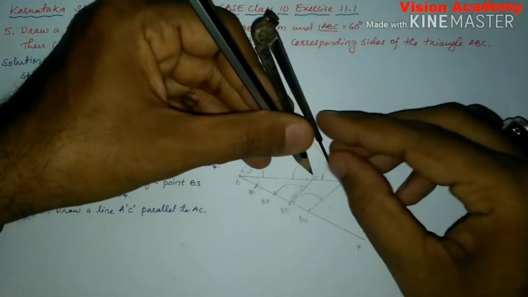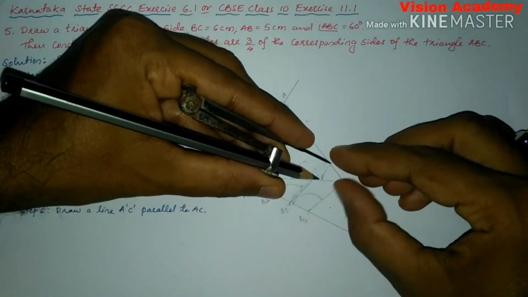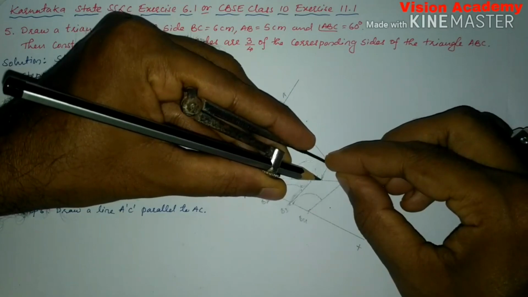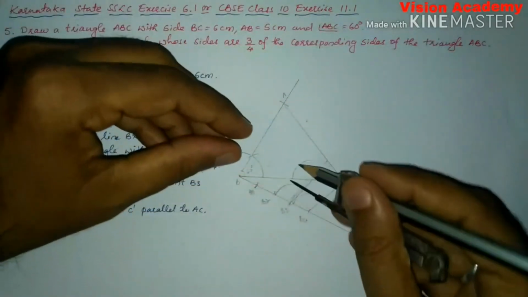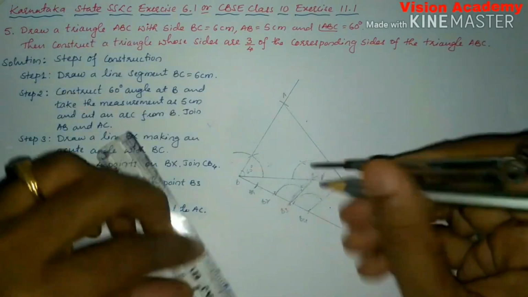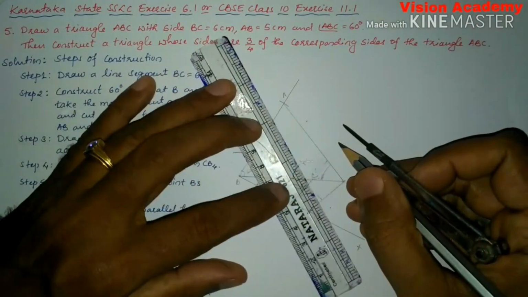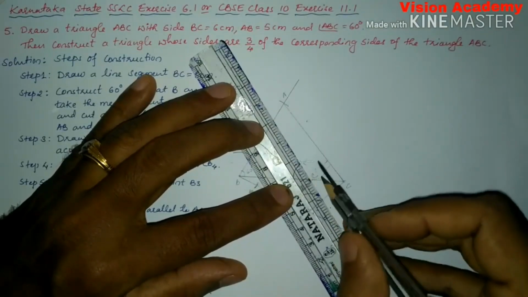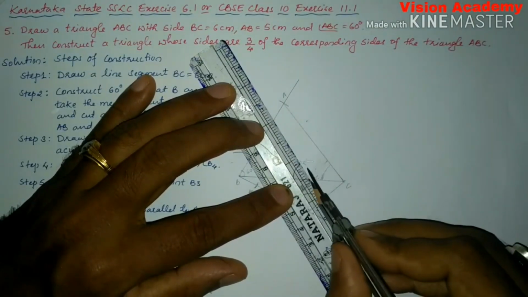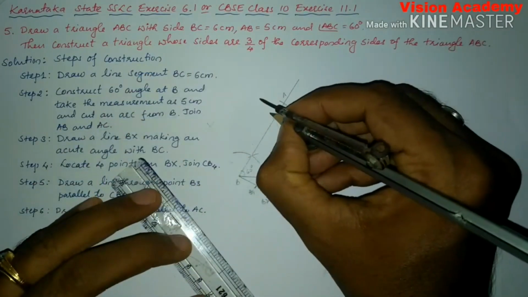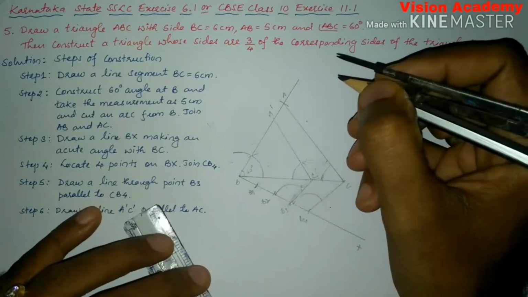Next I'm going to take the size of this curve or arc, and next keeping on this point I'm going to cut here. So I'm going to get here one more point. Through this point I'm going to draw a line which is parallel to AC. So here let us write this one as A dash.